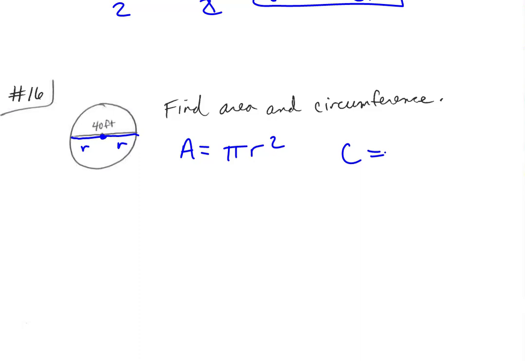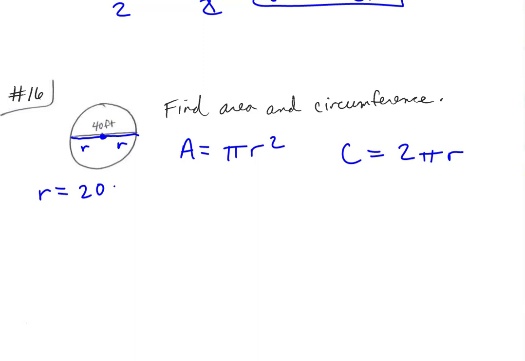One of them is pi d, pi times diameter, or another one is 2 times pi times r, which is actually the same thing because 2 times r is d. That's the diameter, as we said in the description of those different pieces. So with those formulas brought into the right context here, all we have to do is plug in our numbers. Now, if 40 is labeled as the diameter all the way across, we could say that the radius would be half of that, which would be 20.